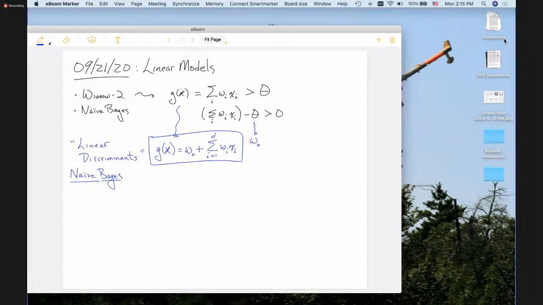So the way we're going to approach this is we're going to recall that we had put naive Bayes in the context of Bayes decision theory, where when we were done, we had defined a decision rule that acted as a discriminant. In other words, a classifier.